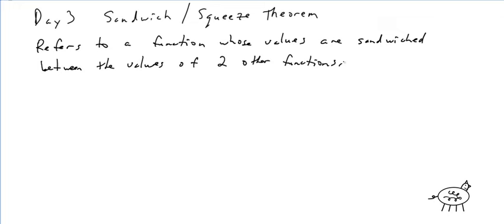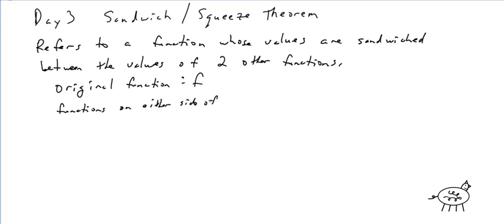Let's call the original function, just as an example, f, and the functions on either side of f are g and h.